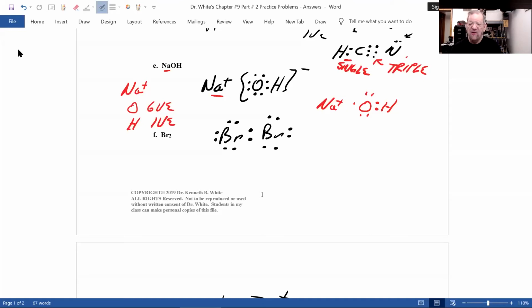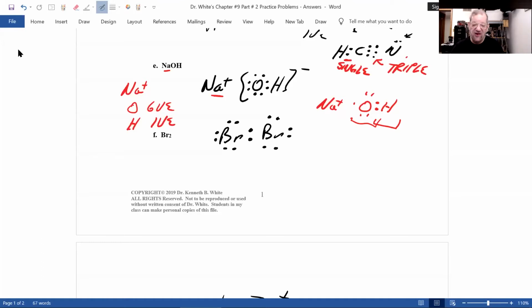Remember the driving force: except for hydrogen, whose octet is 2, all atoms try to get 8 valence electrons. Well, if you look over here, hydrogen has 2, but oxygen has 7. Oh no, that's not right.